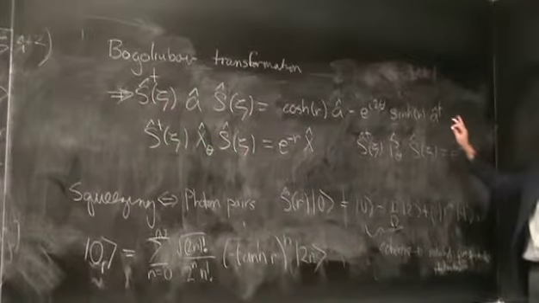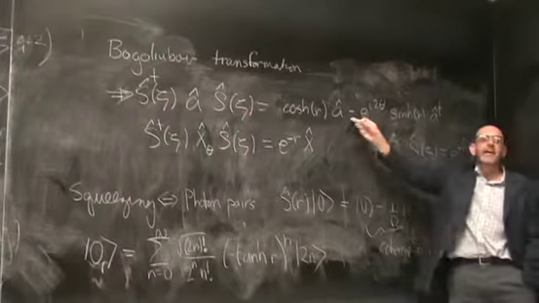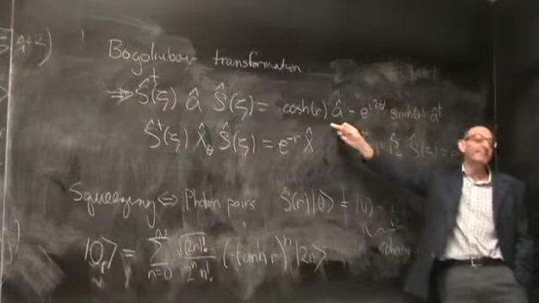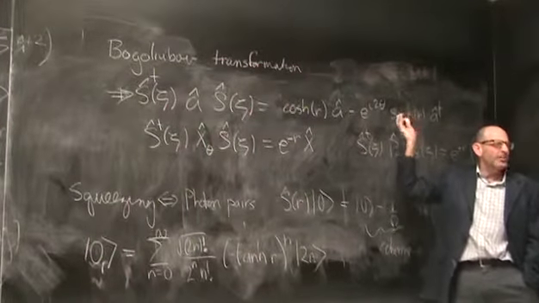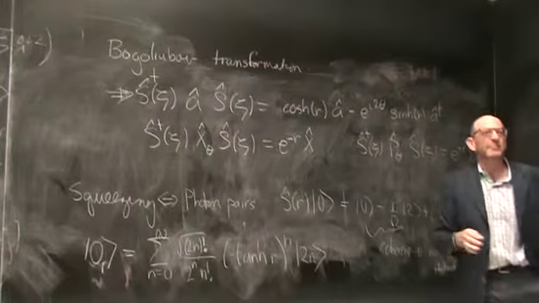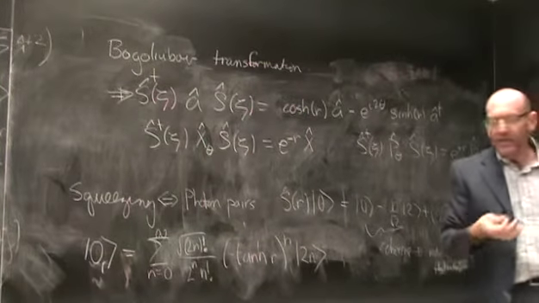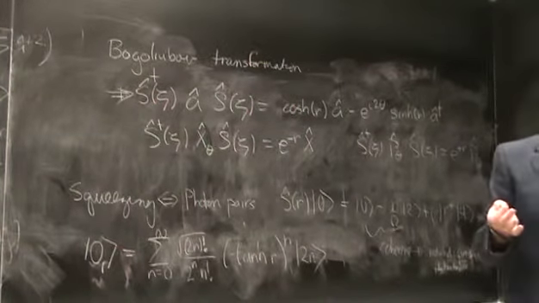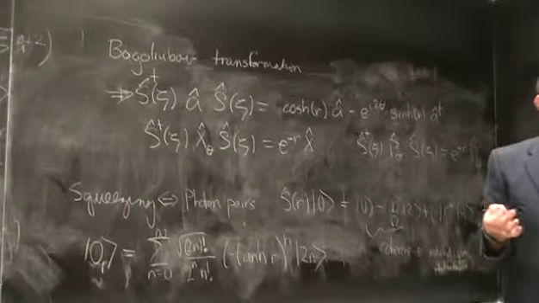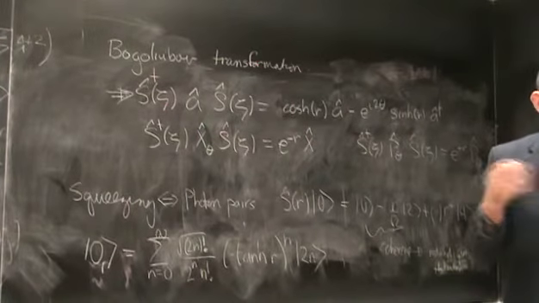So it's kind of like a rotation between A and A dagger by an imaginary angle. And there's an algebraic relation. You may remember there's this weird thing about Lorentz transformations and imaginary angles and their group relationships.